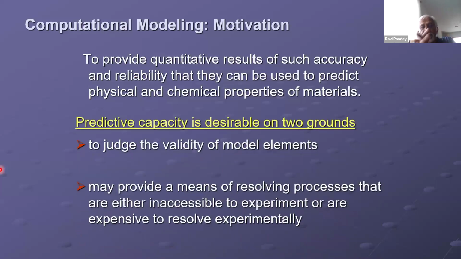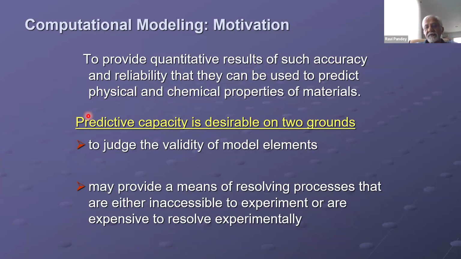So why are we doing it? Our idea is to provide results of such accuracy that we can predict the physical and chemical properties of materials. That's our goal. And this capacity is desired on two grounds. First, we take a system which has experimentally known properties, calculate those properties and compare with the experiments.